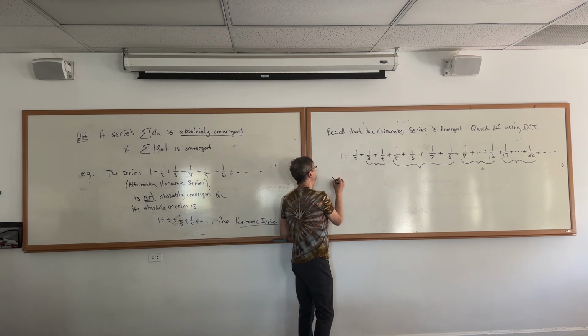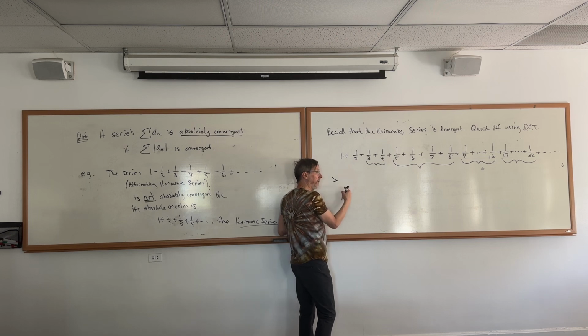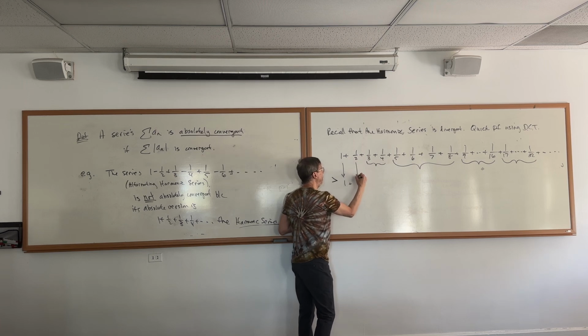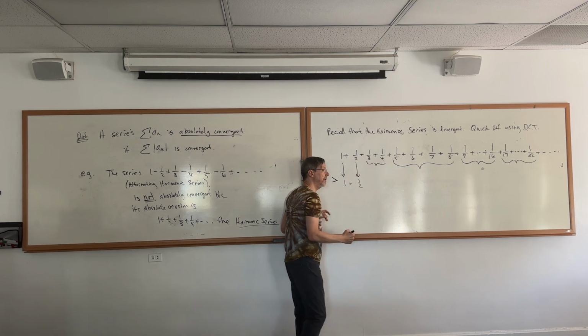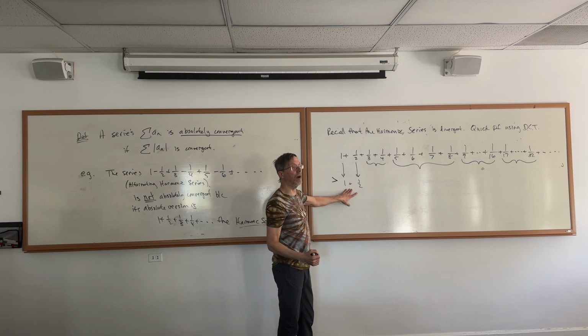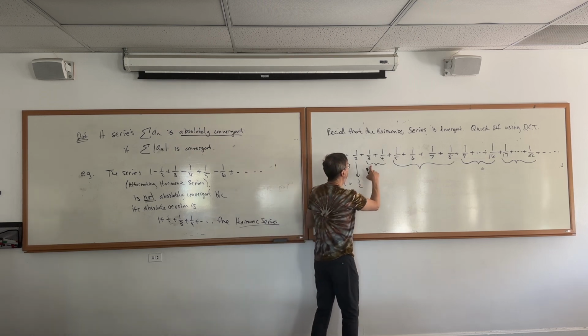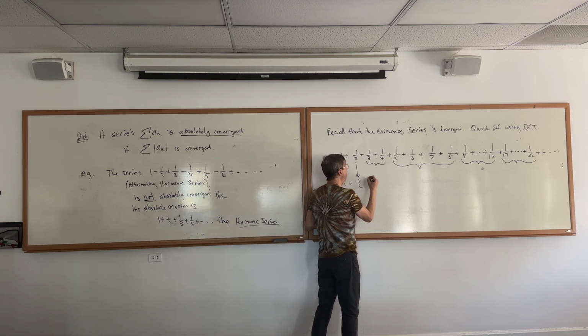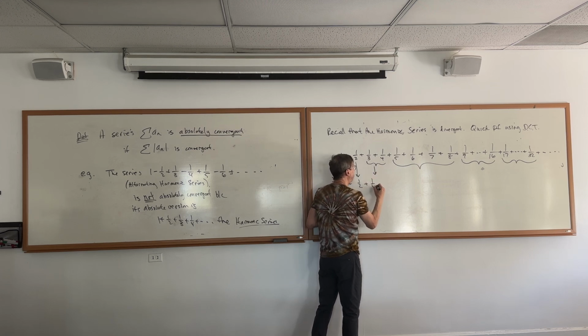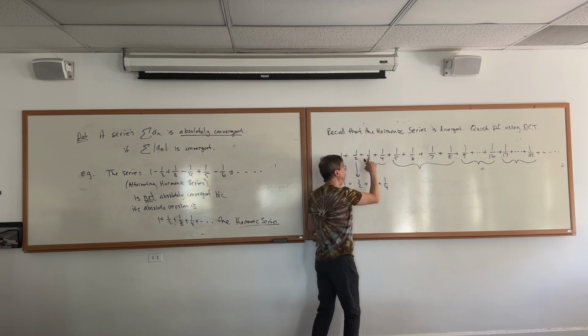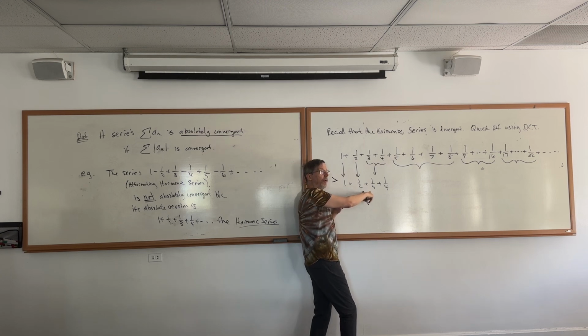So we're going to put that this is greater than here, and we're going to write some stuff underneath. So I'm just going to copy the 1 down, plus, I'm going to copy the 1/2 down. Those are the same so far. But here, I'm going to bring down 1/4 plus 1/4, because a third is bigger than a fourth, right?